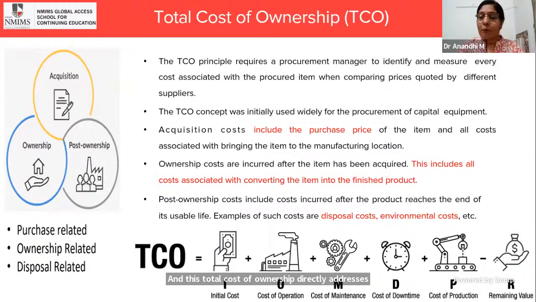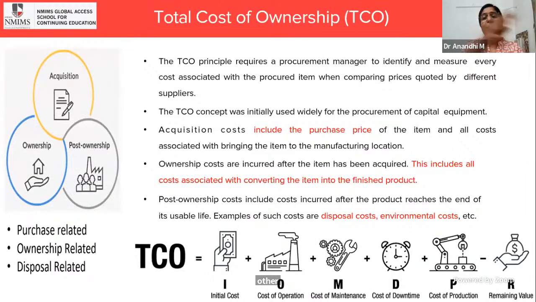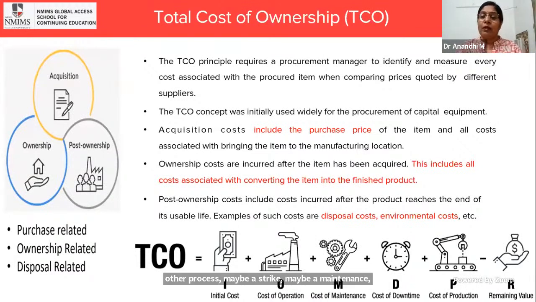Because it is a combination of all these costs: your initial cost, your cost of operation, cost of maintenance, as I told you, MRO, cost of downtime, shutdown. So how long you are shutting down, maybe for any other process, maybe a strike, maybe maintenance, maybe a service required, anything. Cost of downtime, cost of production, minus the remaining value, only then will it give you the total cost of ownership.